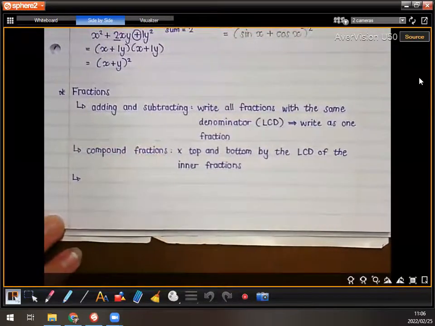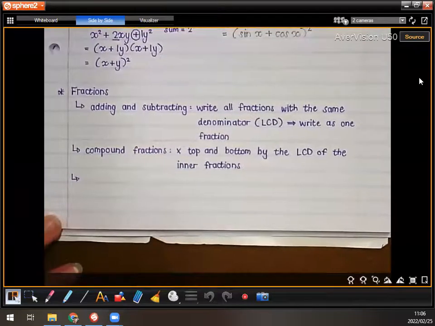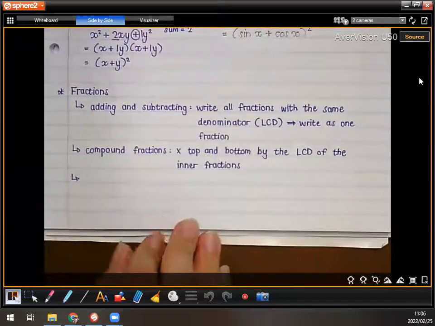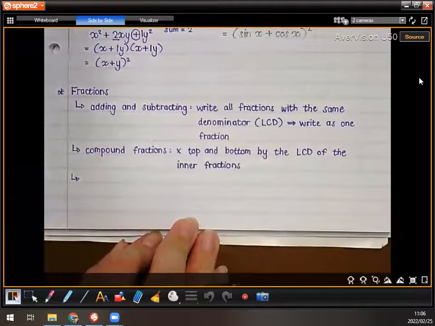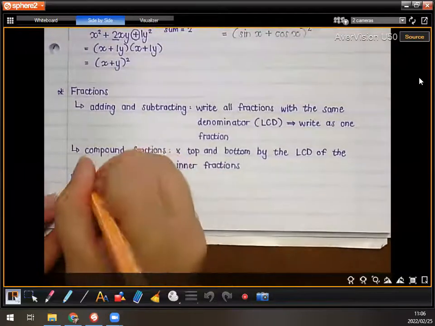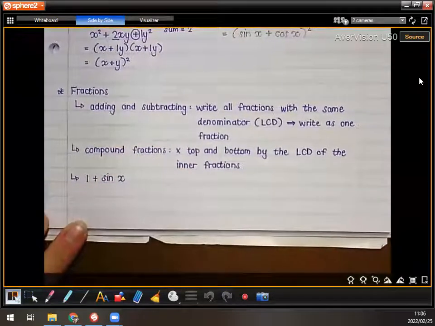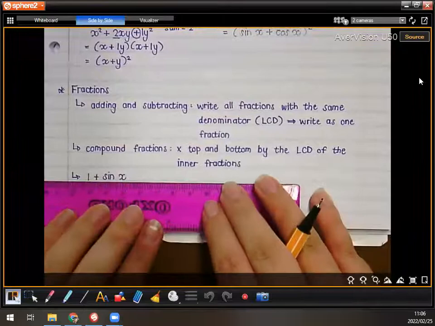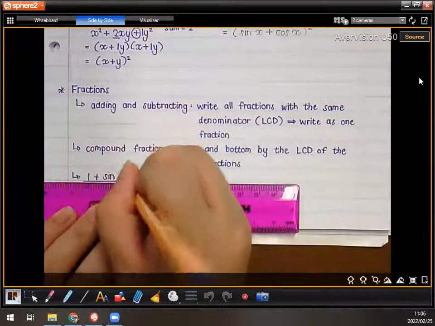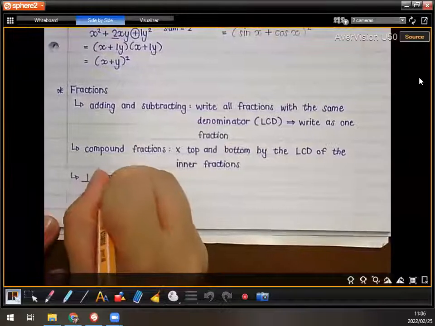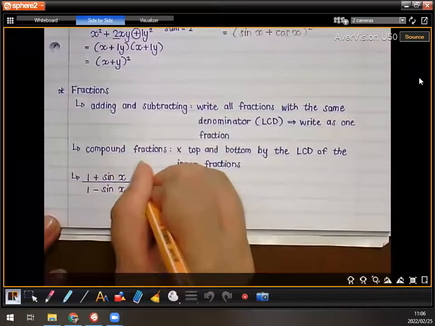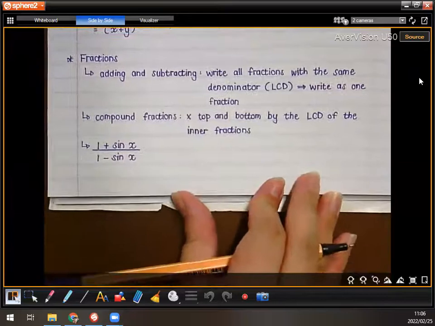So say you get something like 1 plus sine x over 1 minus sine x.